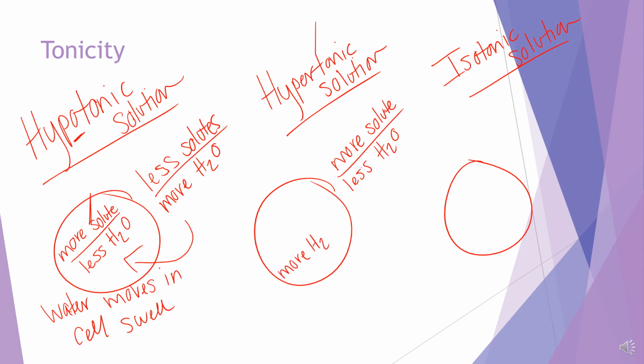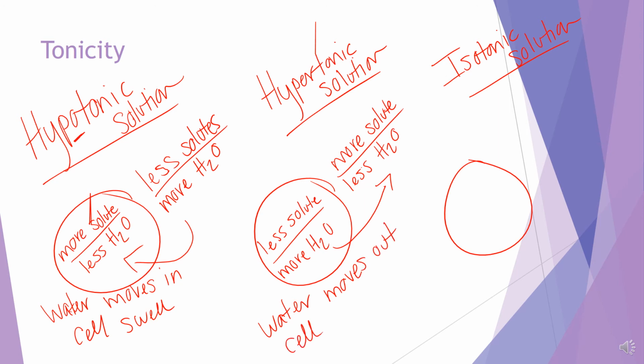So more water and less solute. And so here, remember in osmosis, water moves from high to low concentrations. So here, water is going to move out. And that's going to cause the cell to shrivel.